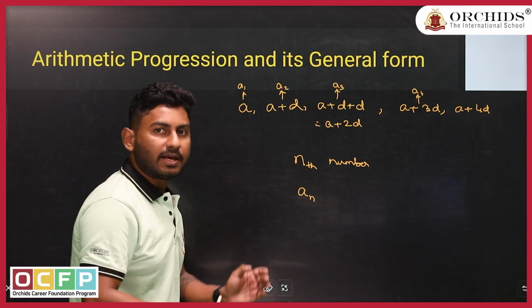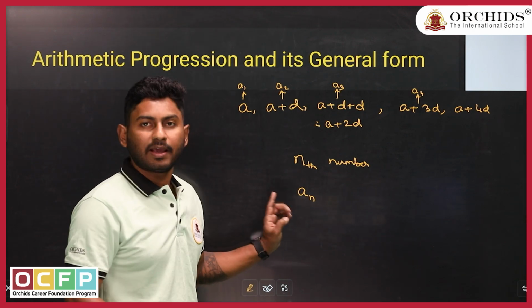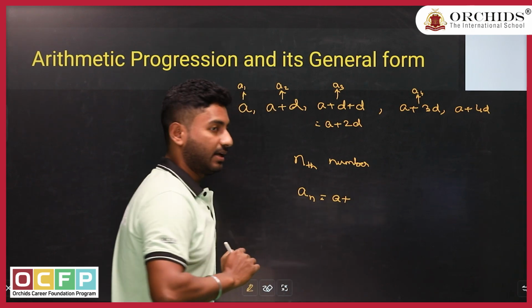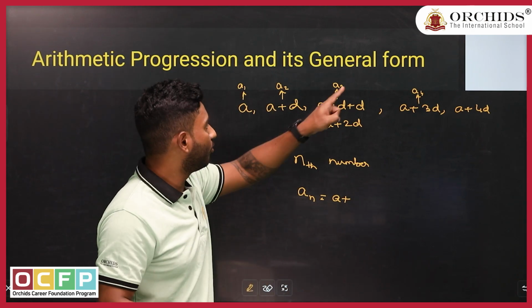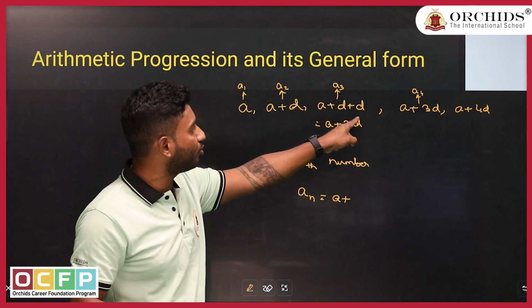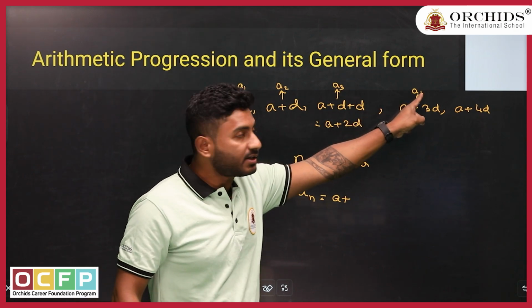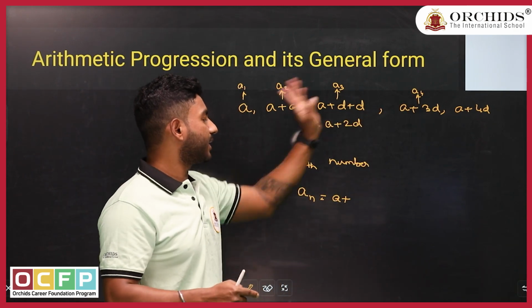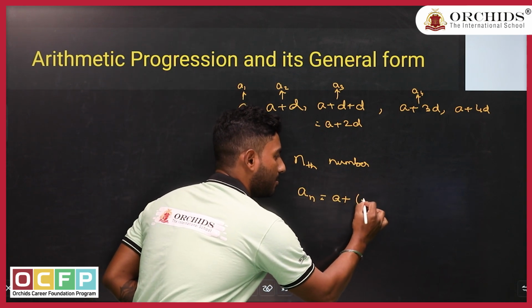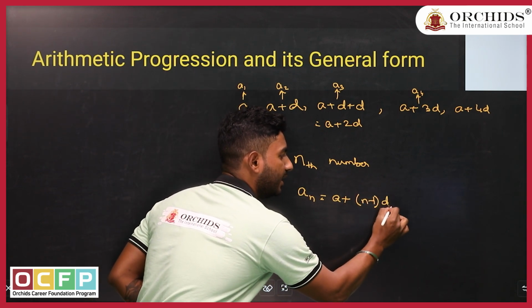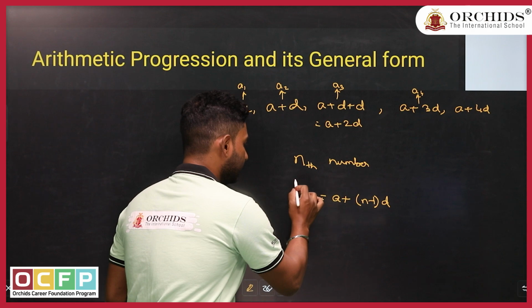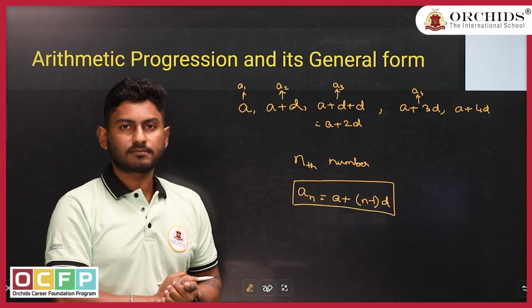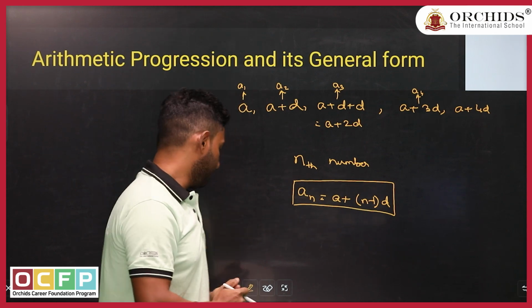Similarly, the nth number I will denote as an. So an will be A plus... is it nD? No. Why? Because for the third term I wrote 2D, and for the fourth term I wrote 3D. So it's one less than the number. It will be A plus (n minus 1)D. This is the formula of the nth term of AP. Fine.